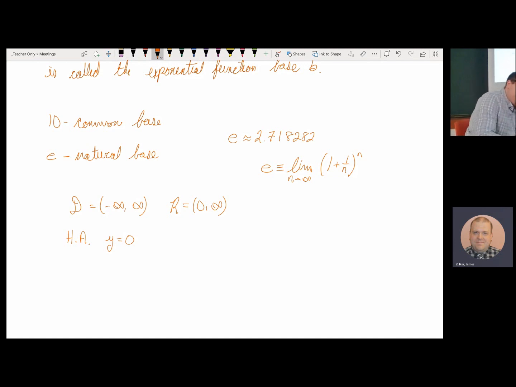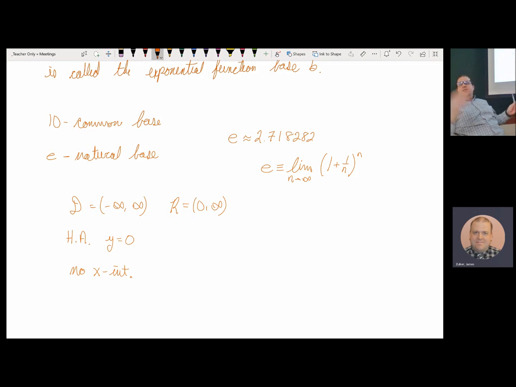No vertical asymptote. Has no x-intercept. HA is horizontal asymptote. No, the function has no x-intercept.